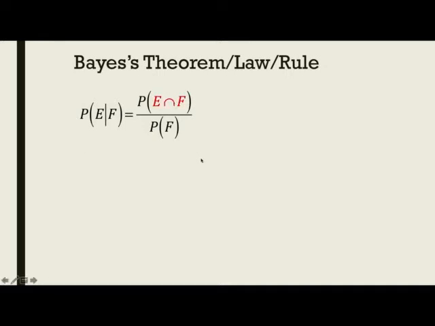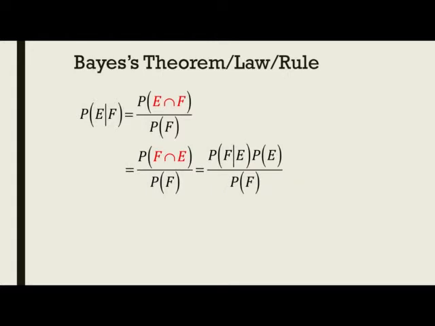So notice that for E intersect F, it doesn't matter which order you write it in. You could write it as F intersect E, the probability of both happening. That intersection is commutative. And the probability of F and E is equal to the probability of F given E times the probability of E. Why do we know that?